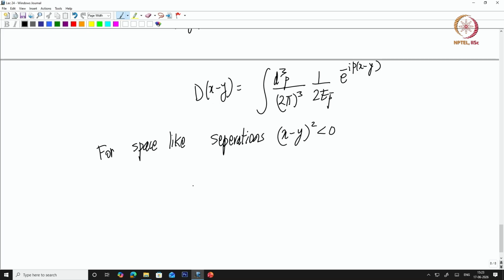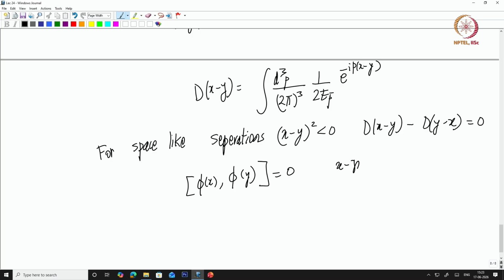So D of x minus y minus D of y minus x is equal to 0, and then we said that this commutator phi of x, phi of y for scalar theory is equal to 0 when x minus y squared is negative. So in the bosonic theory, scalar field theory.